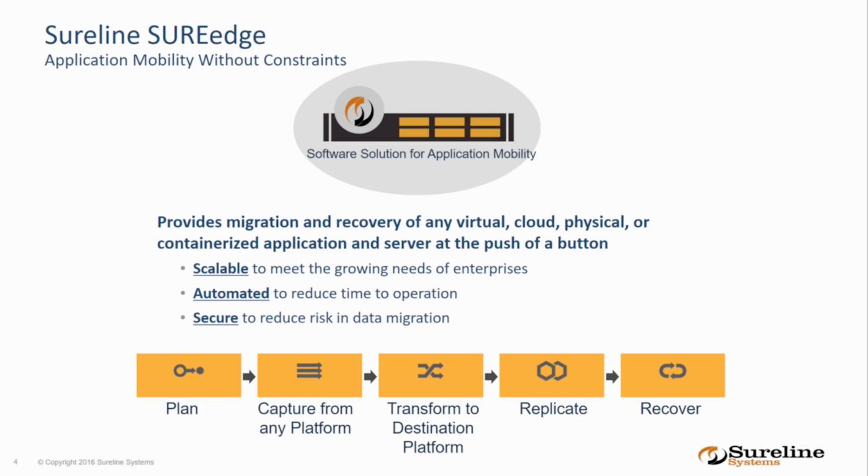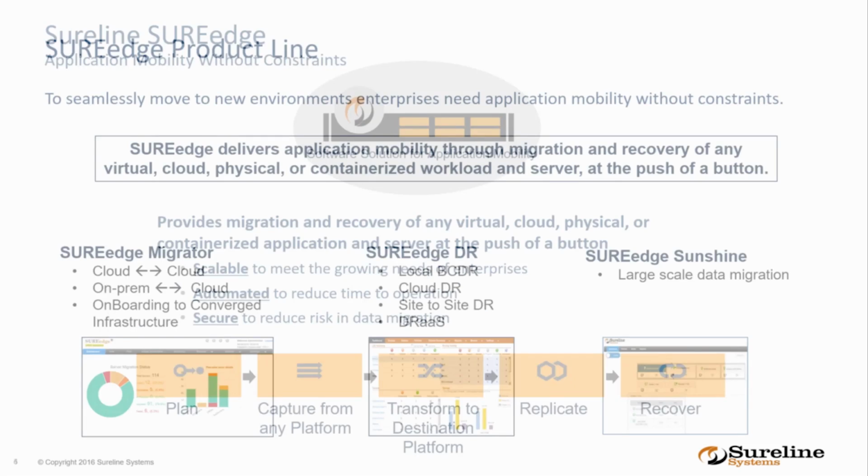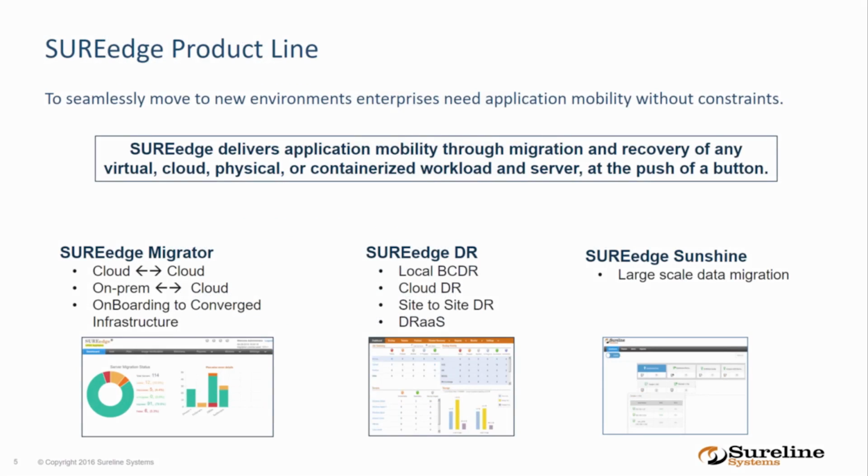And as we start looking at the cloud, risk reduction becomes a critical issue, and so we look at how you also minimize that risk in the process. Our product line includes the migration product that I talked about, SureEdge DR, which is our focus here today: local backup recovery, disaster recovery, the cloud DR, which is really what we're talking about, DR as a service.